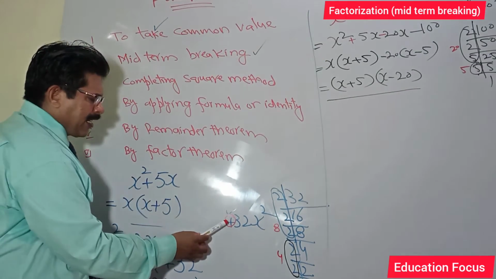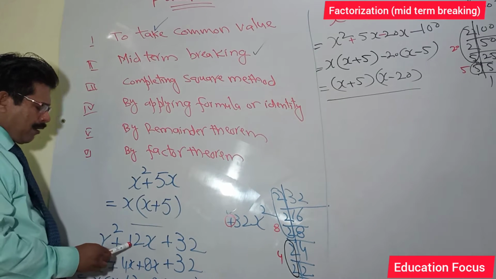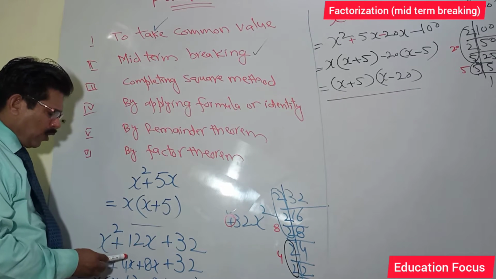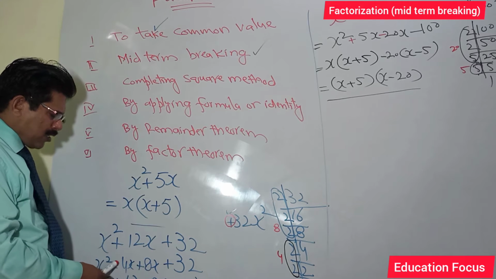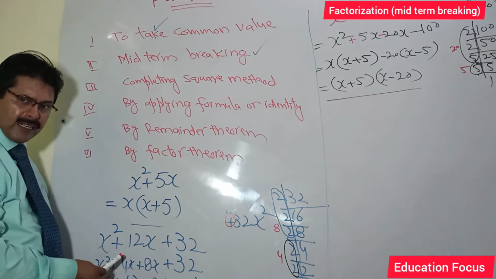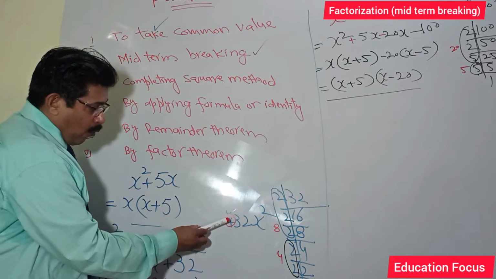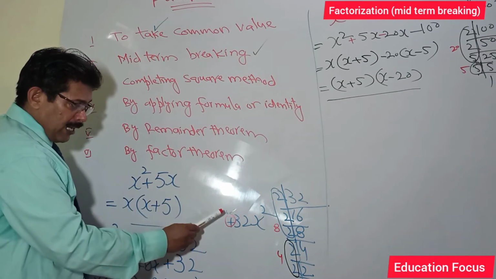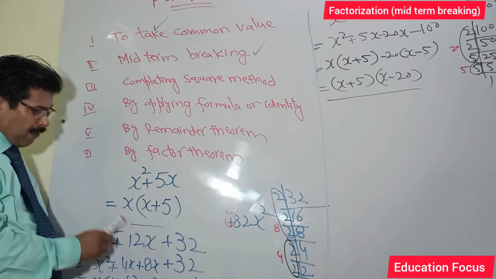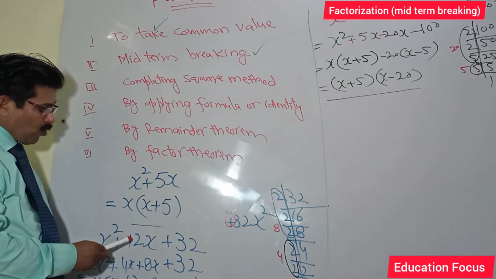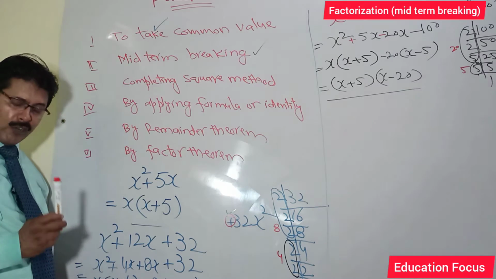This sign indicates that when you break the mid value into 2 parts, these 2 parts will be added. This depends on the positive sign. If the sign is negative and you want to break the mid value, the mid value is formed by subtraction, not addition.